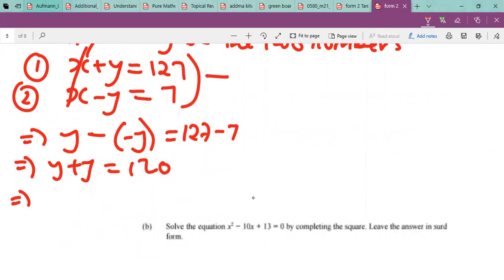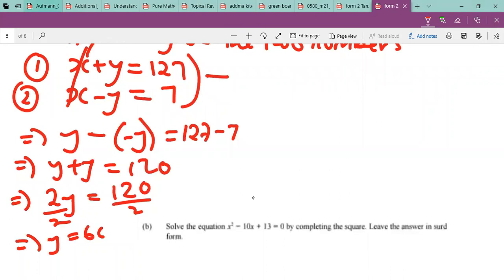This further implies that you have got 2y is equal to 120, and when you divide by 2, this implies that y is equal to 60.